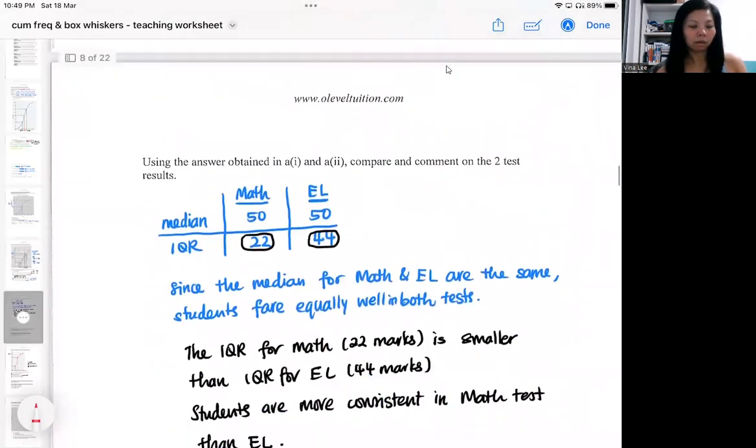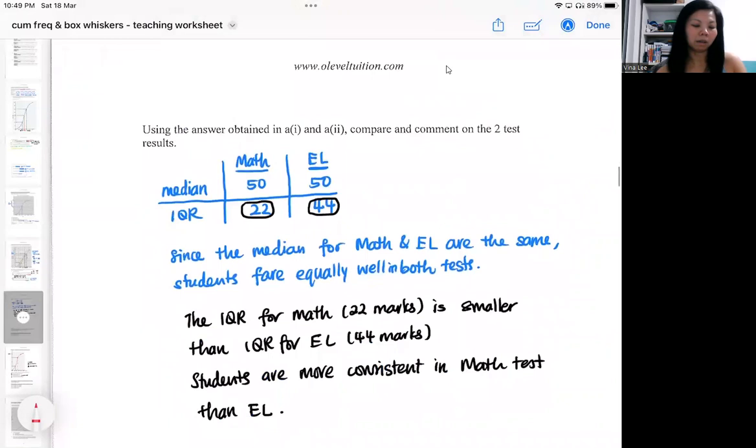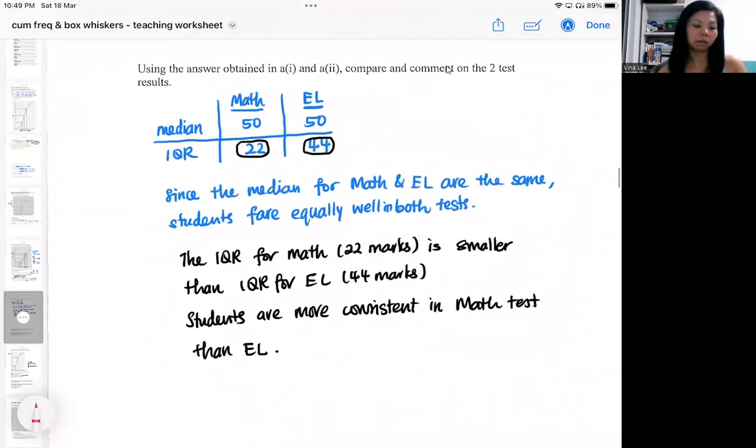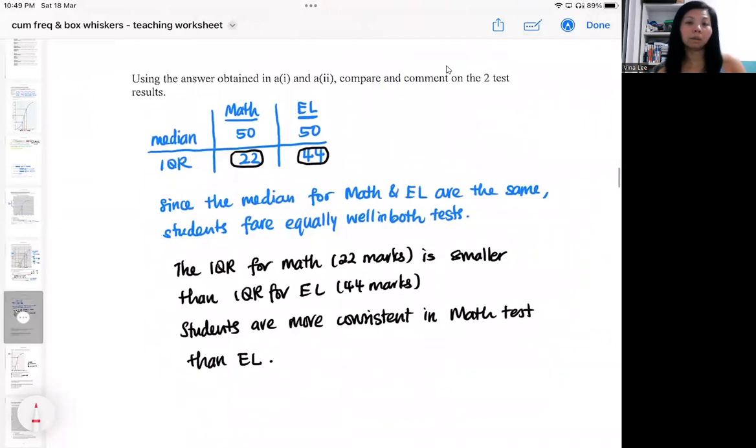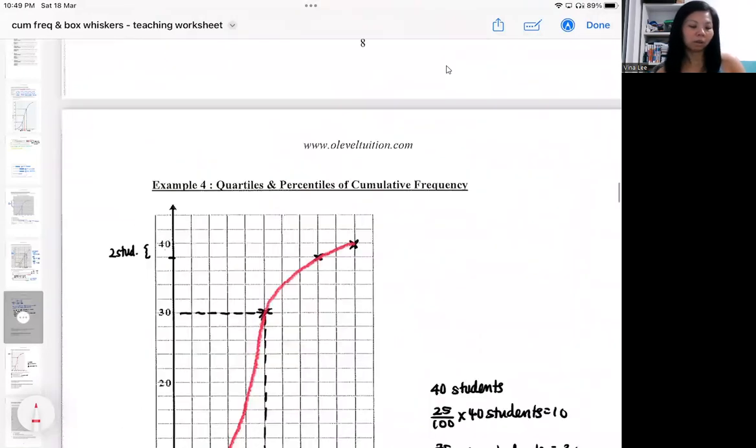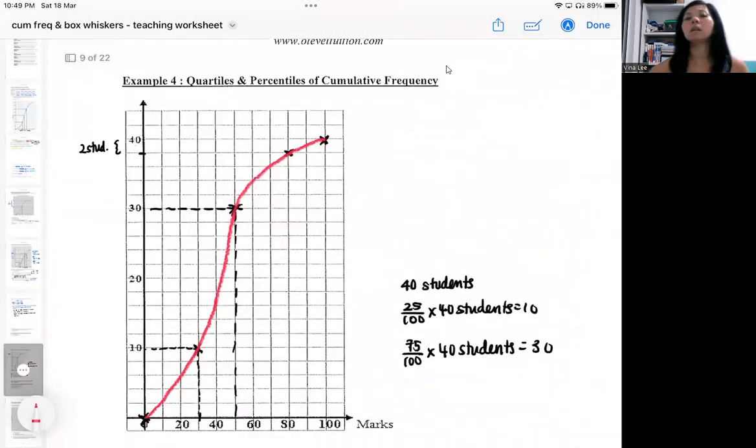And the comparing and the commenting part is the same as for mean and standard deviation. You always say the obvious, and then you say the implication based on the context. So in this context, we're comparing the math and English test. Example 4 is the work backwards idea that they might test you to see whether you can process the information backwards.